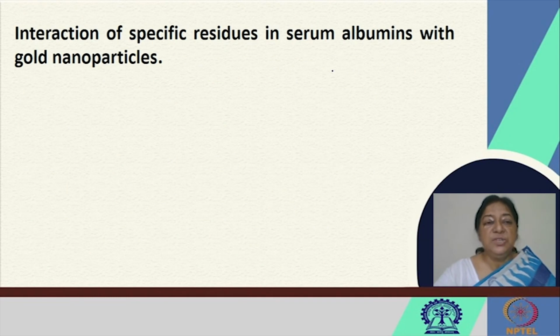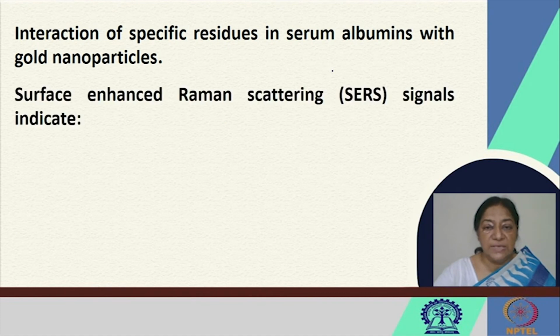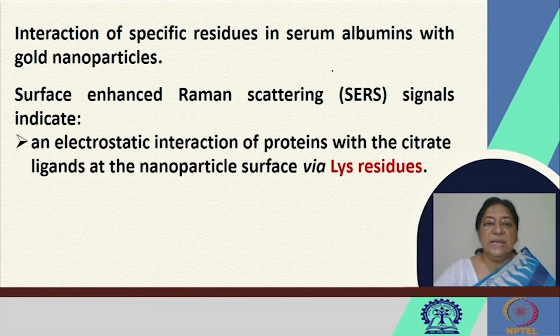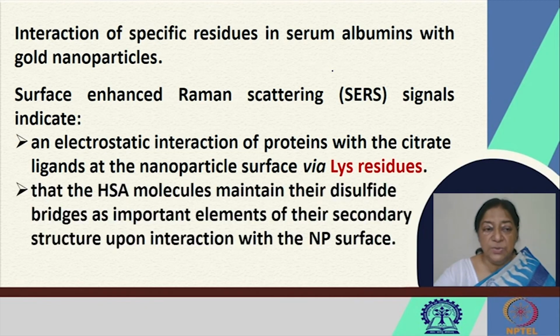So the interaction of specific residues in the serum albumins with the gold nanoparticles gives us surface enhanced Raman scattering signals. These indicate an electrostatic interaction of the proteins with the citrate ligands at the nanoparticle surface via lysine residues.